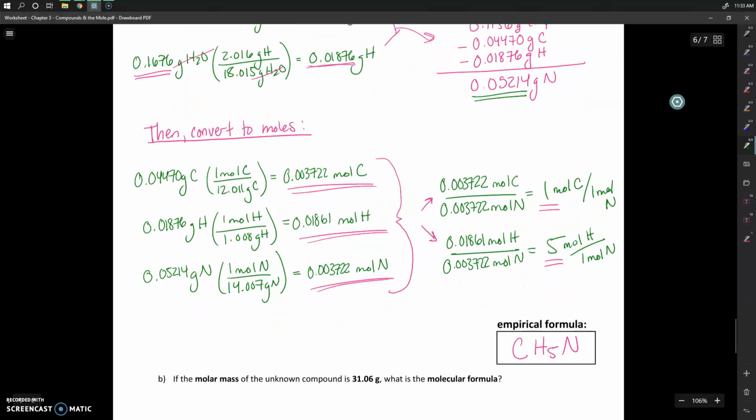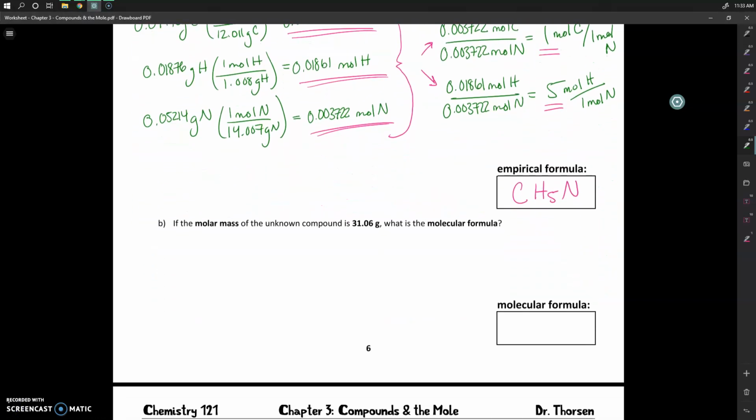Now once we have the empirical formula, we can move on to this next question that is now telling us the molar mass of the compound and asking what's the molecular formula. So this is the process of comparing the empirical formula's mass to the molar mass of the compound and seeing whether or not we have a molecular formula that's a whole number multiple of the empirical formula.